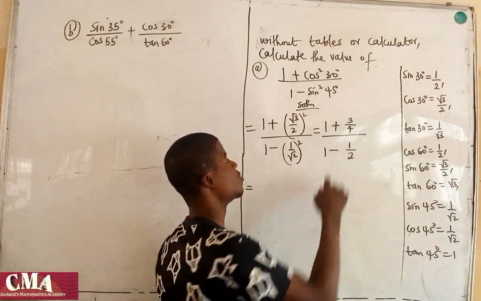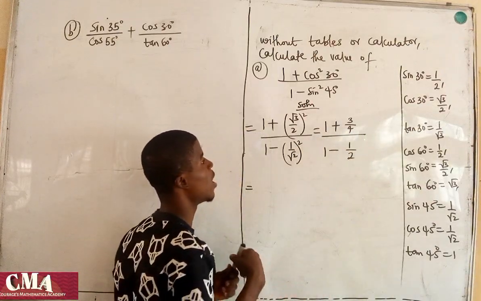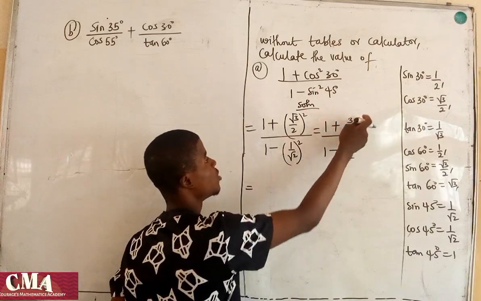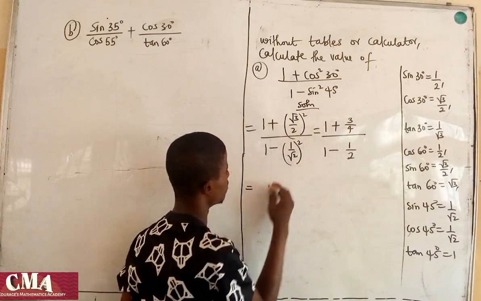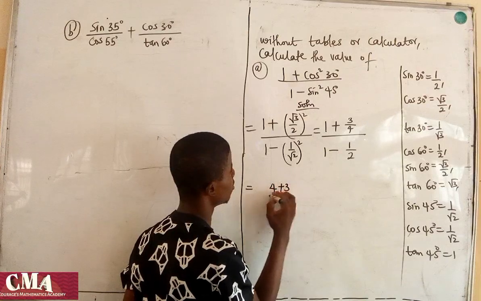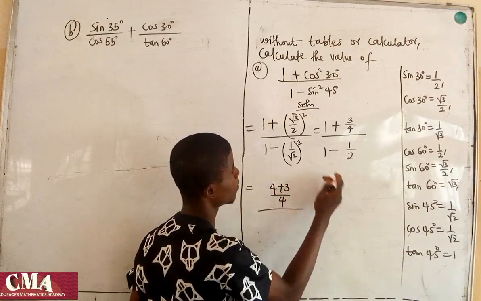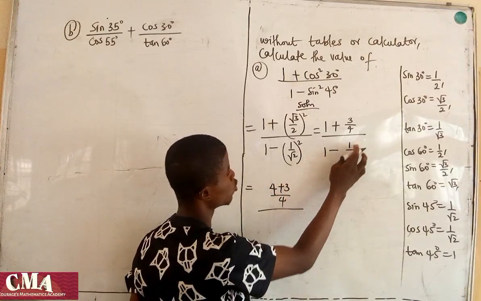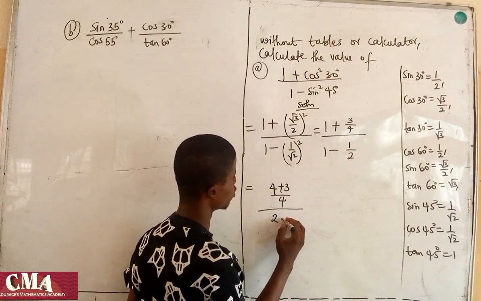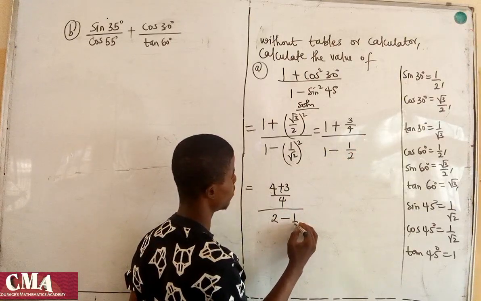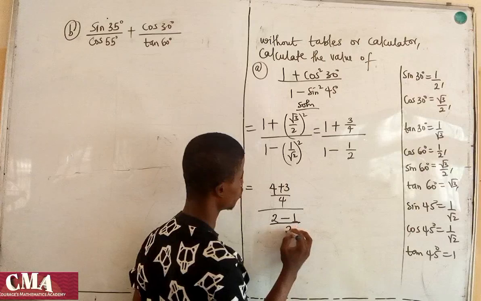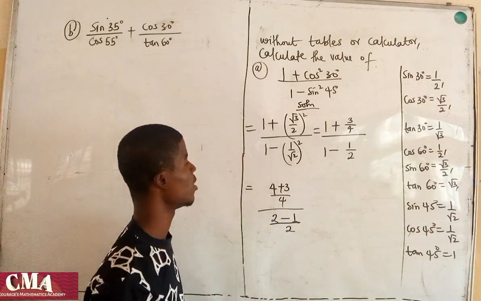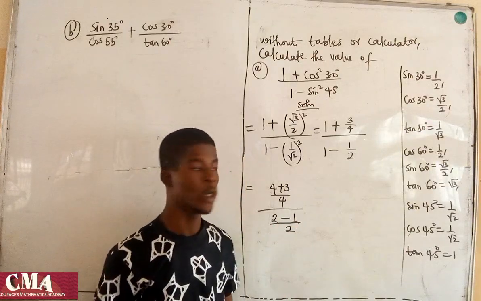Let's simplify this numerator by LCM. We have 4 times 1 is 4, plus 3, over 4, all over 2 times 1 is 2, minus 1 over 2. This is a simple way to do LCM anyway.